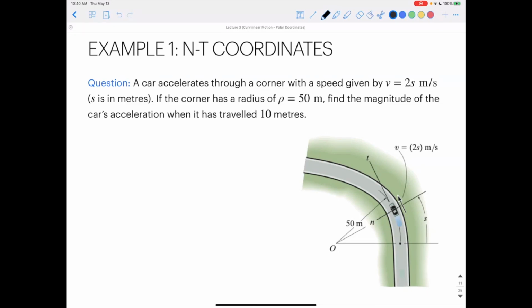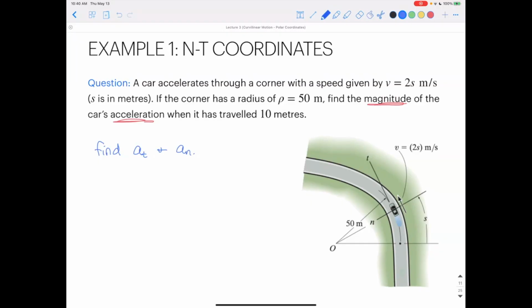So if we need to find the magnitude of acceleration, that should tell us that we want to look for the two components of acceleration. So we want to try and find AT and AN.